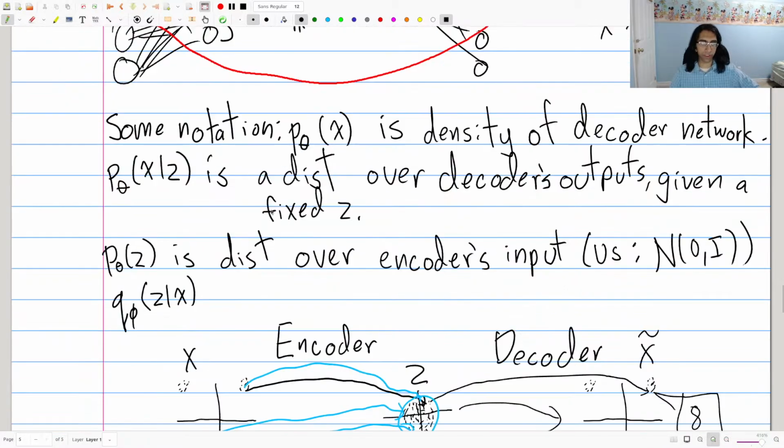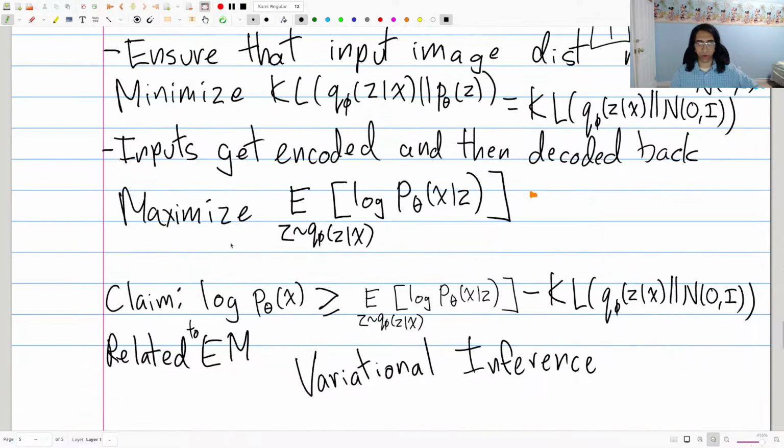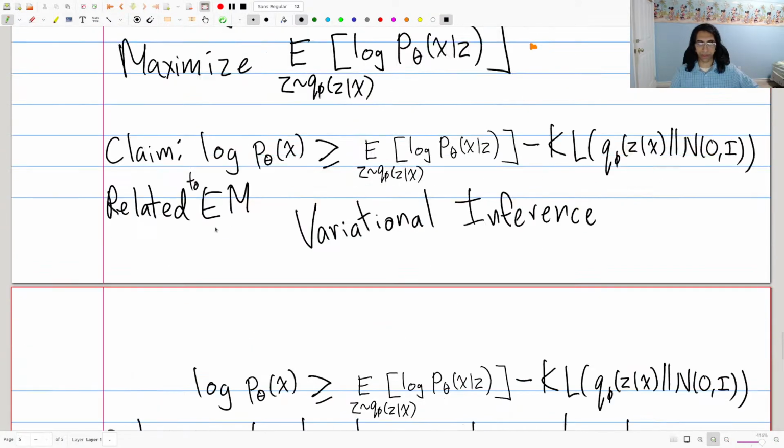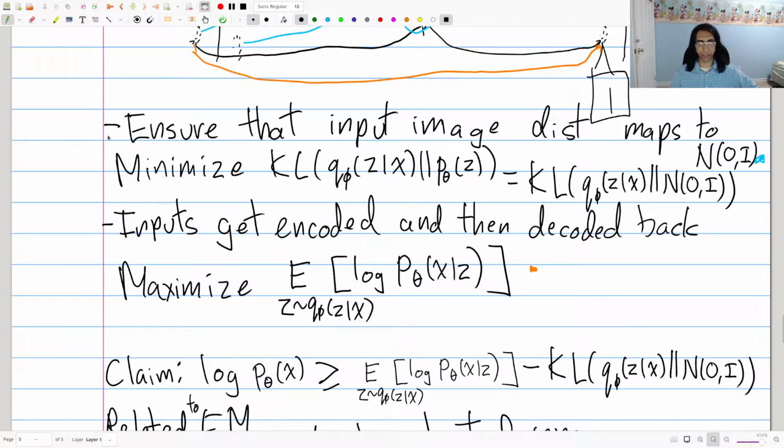Those two goals show up in our loss function. We want to ensure that the input image maps to the Gaussian N(0, I), and simultaneously ensure that inputs get encoded and then decoded back to the original. Those are two terms which appear in our loss function.